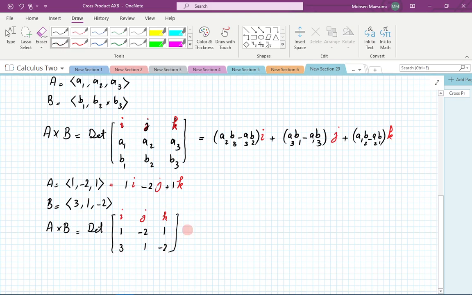Out comes a vector which has 3 components, i, j, and k. So what is the multiple of i? The multiple of i is a product of these two numbers, minus 2 times minus 2, minus 1 times 1.